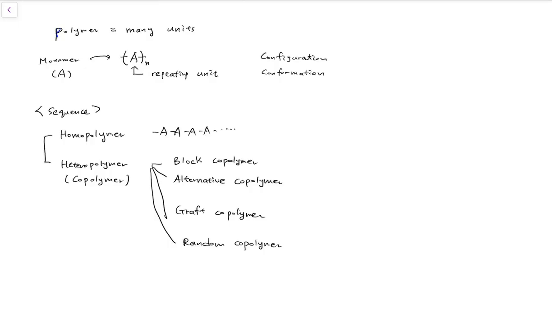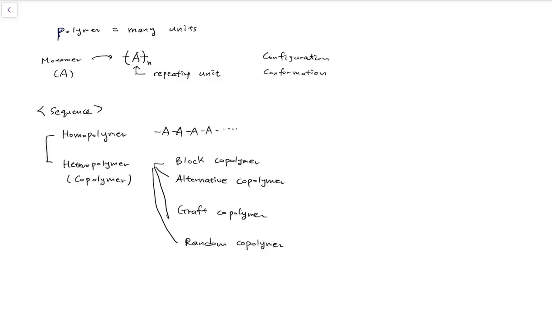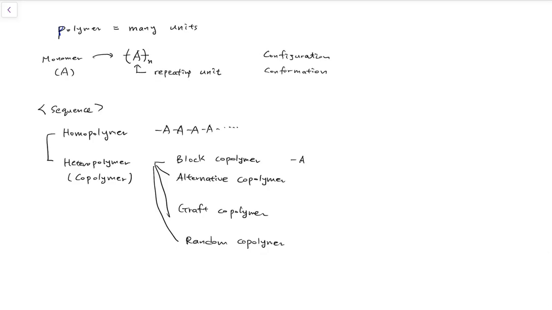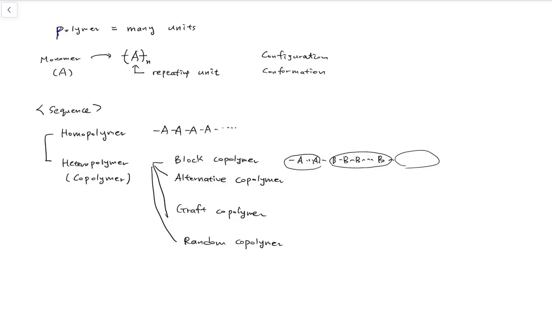Okay, so first, block copolymer has structures with A block connected with B block, something like this. So there is one type of monomer, a different type of monomer, could be another type, etc. Okay. So we usually denote block copolymer as poly A block B, something like that.